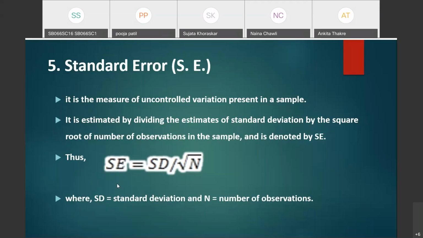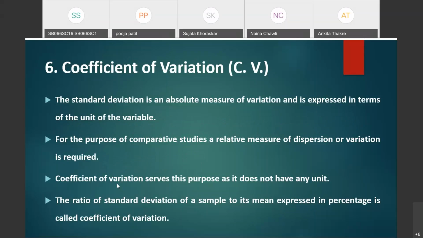The last one is the coefficient of variation. How exactly is the coefficient of variation calculated? The standard deviation is an absolute measure of variation, and it is expressed in terms of the unit of the variable. Simply we can say the value of standard deviation has a unit. For example, if the observations in the data are provided in kilograms, then the standard deviation will be in kilograms.